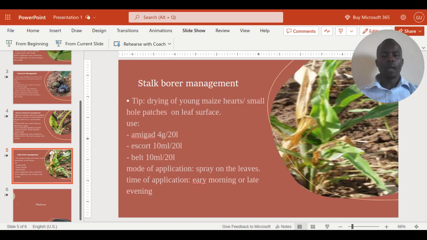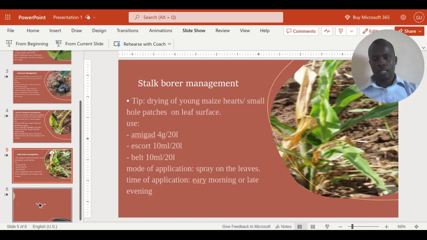You can apply Amigard 4 grams per 20 liters of water, or Escort 10 ml to 20 liters of water, or Belt 10 ml to 20 liters of water. The mode of application is to spray on the leaves. The time of application, you apply early in the morning or late in the evening.